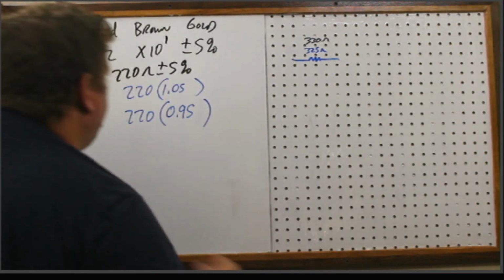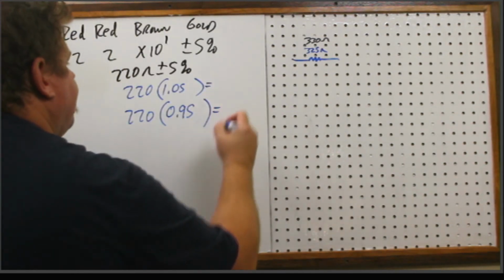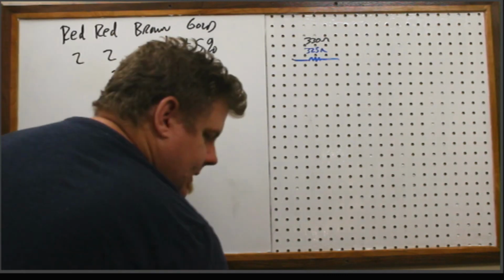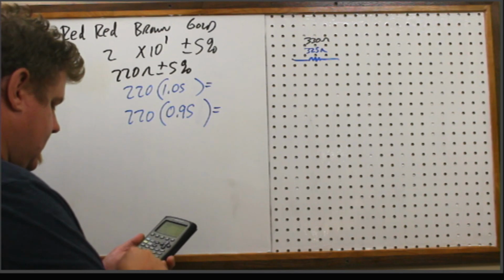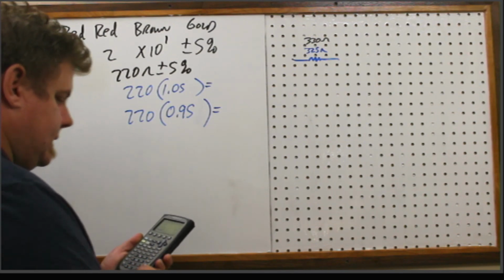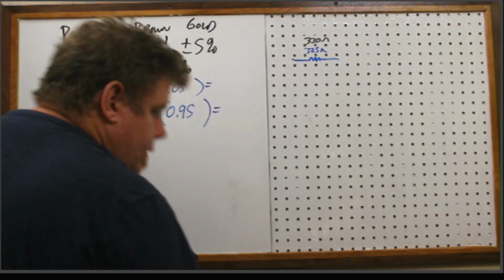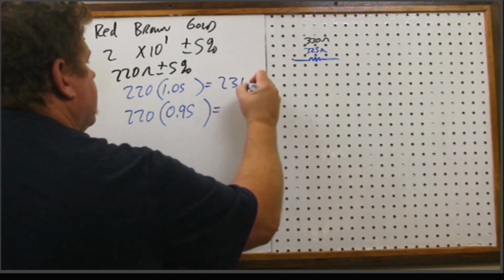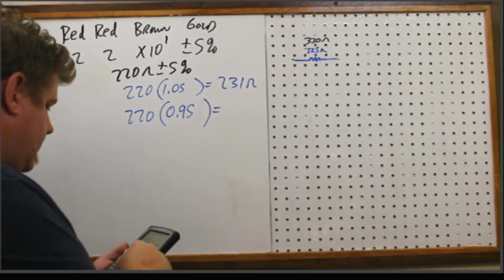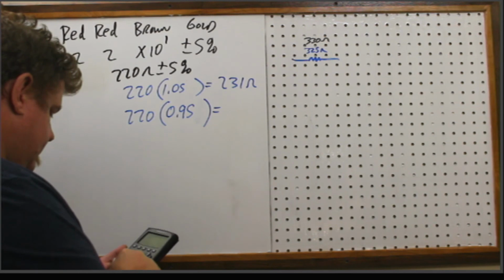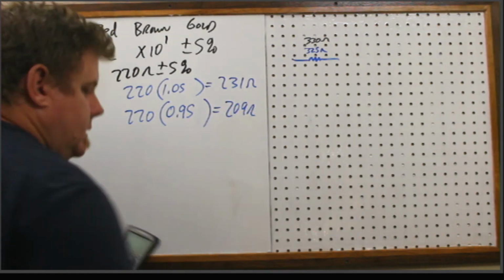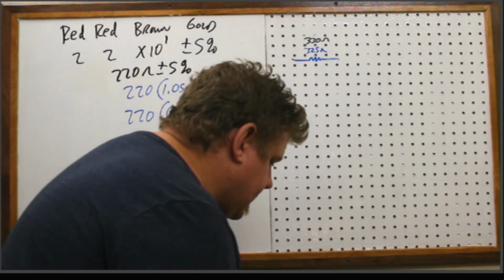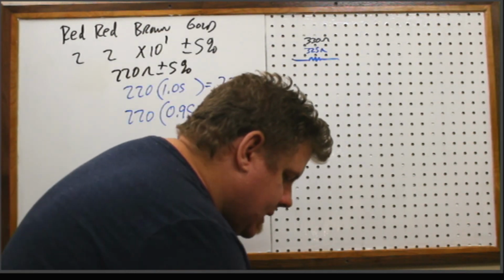It should just be 1.05 and 0.95. Okay, so the maximum top end I would expect is 231 ohms. And the minimum, 209.